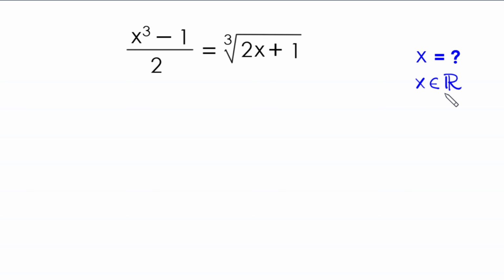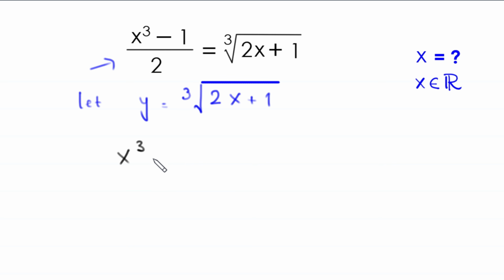So let's start. To simplify the solution, we suppose that y is equal to cube root of 2x plus 1. So this original equation will become x cubed minus 1 divided by 2 equal to y.